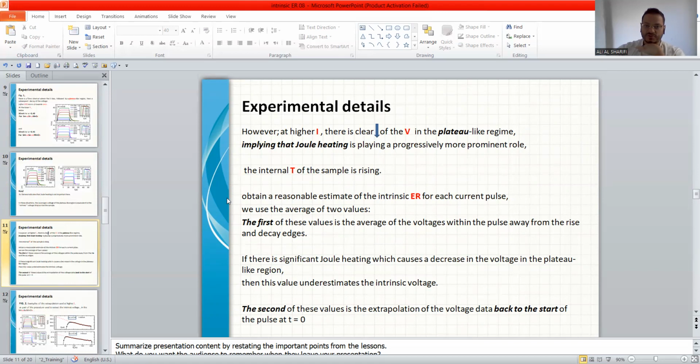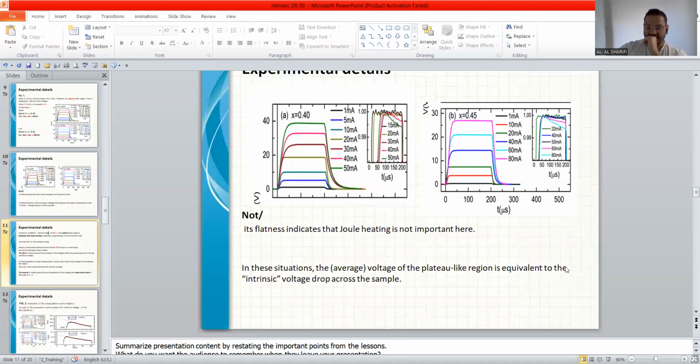To obtain a reasonable estimate of the intrinsic electric resistance for each current pulse, we use the average of two values. Here is important. The first of these values is the average of the voltage within the pulse, away from the rise and decay edge. Which one is the rise? Which one is the decay edge?